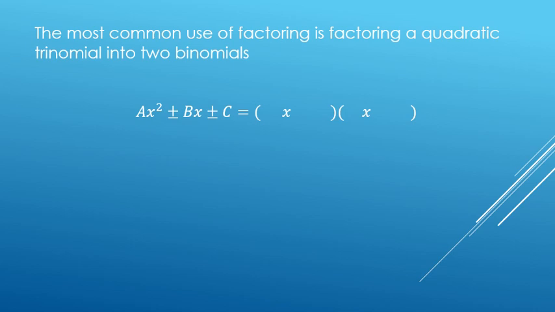And we want to write this as something times x plus or minus something else times something times x plus or minus something else. So some general rules, things to keep in mind as to how do we factor these things here.